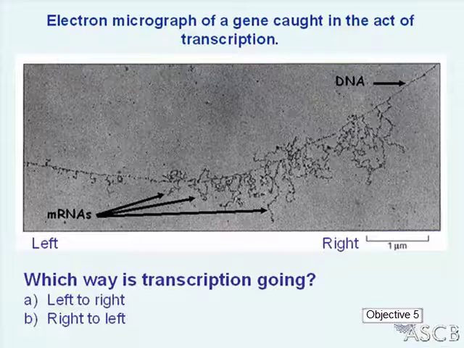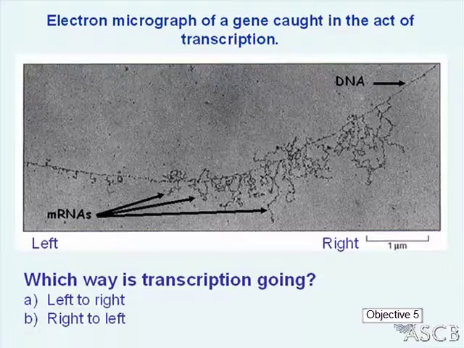One thing you need to know is that when a gene is very busy, it's being transcribed at multiple sites. So there's a lot of different places where this transcription begins and continues. So which way is the process going? Is it going from left to right, or is it going from right to left? We'll hold on to that question, answer it in a future slide.